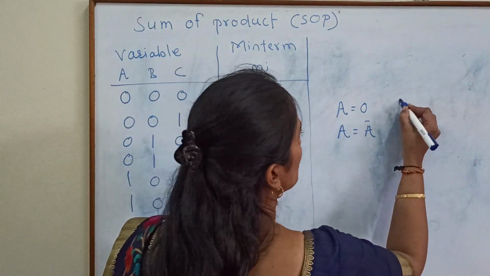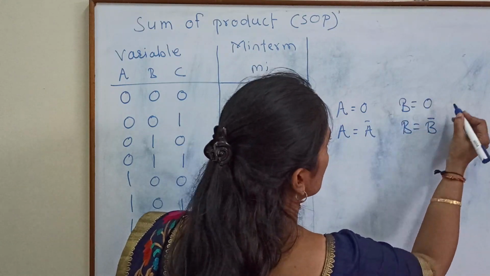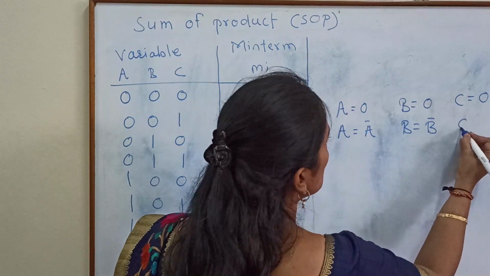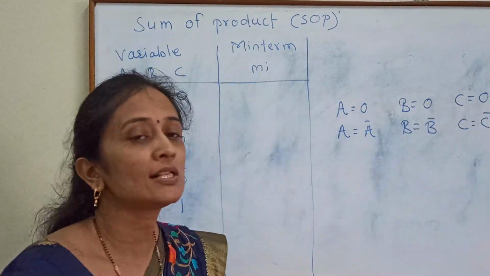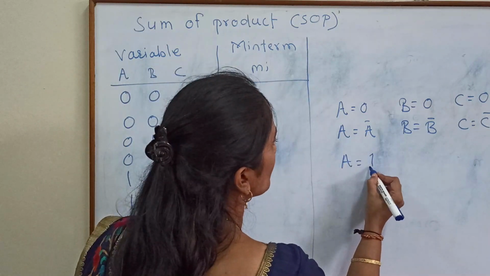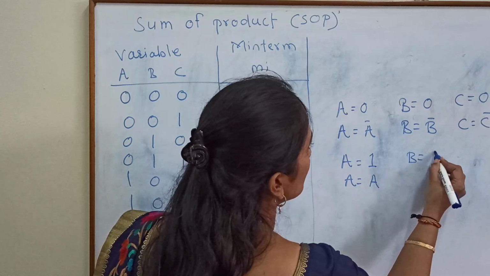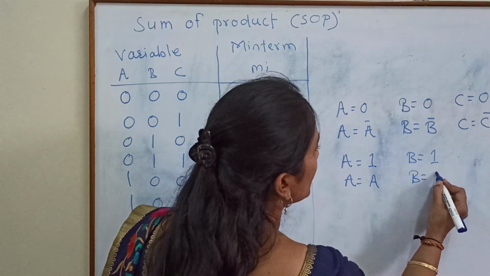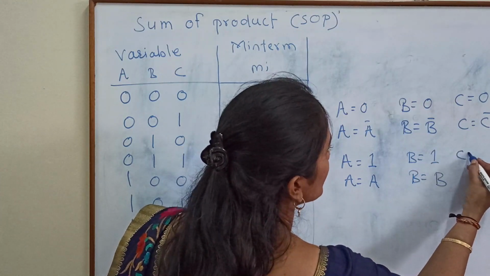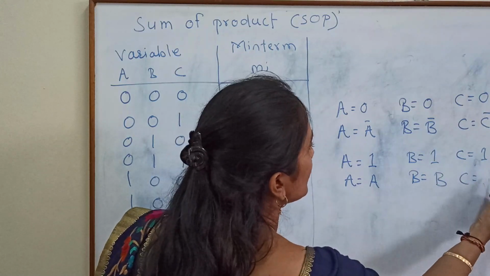If B is equal to 0, B will be represented with B bar, and if C is equal to 0, C will be represented with C bar. If A is equal to 1, A will be A only. If B is equal to 1, B will be B only. And if C is equal to 1, C will be C only.